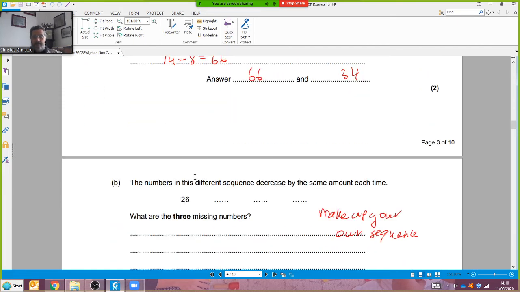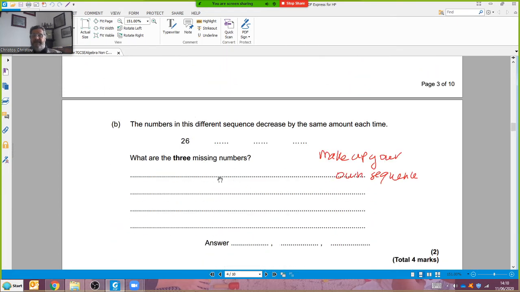This is a mistake in the question. What are the three missing numbers? I think there should be a number here at the end, because the answers at the end of this sheet have a very specific set of values here, which means they forgot to print off the number there, and you had to work out how many jumps it took to get down to this number, then find the numbers in between, which would have been possible.